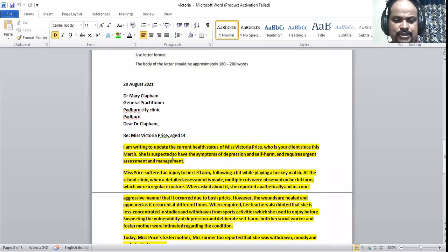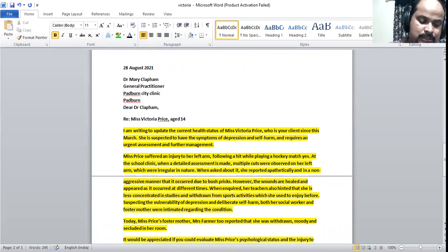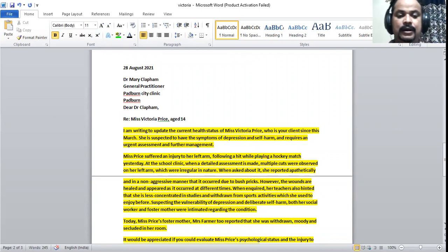One thing is that she is suspected to have the symptoms of depression and self-harm and requires an urgent assessment and further management. Ms. Price suffered an injury to her left arm following a hit while playing a hockey match yesterday. Need to add these two things.